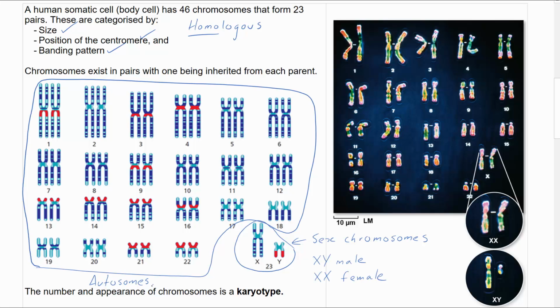Now when you lay out chromosomes like this in order from the longest here at number 1 to the shortest here at number 22, it's referred to as a karyotype, which displays the number and appearance of chromosomes in an organism. And the karyotype of an organism varies from species to species, and in some cases varies from individuals within a species.